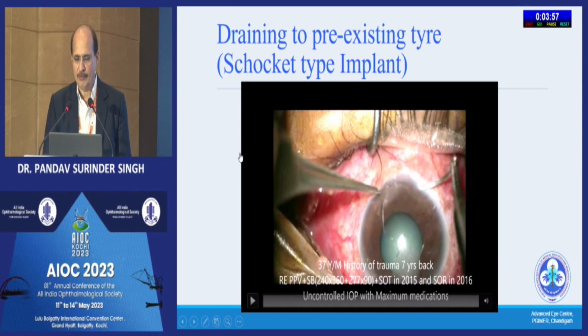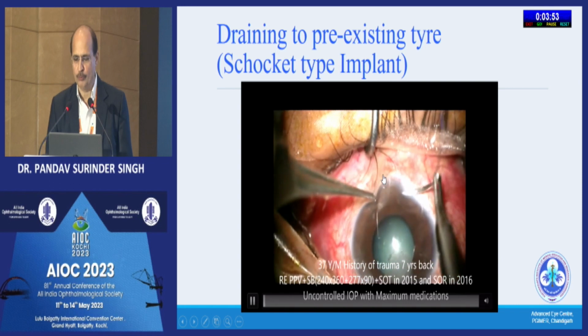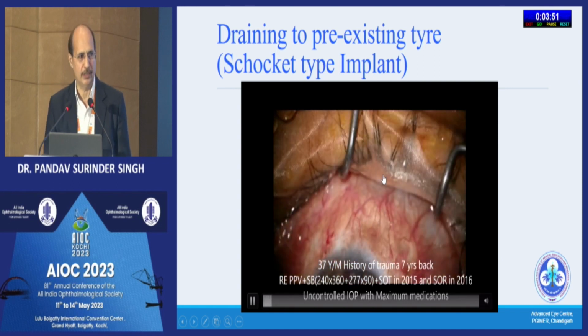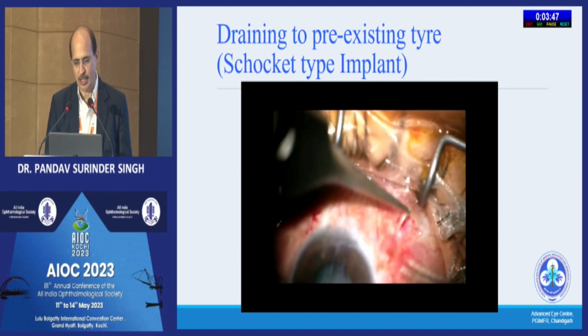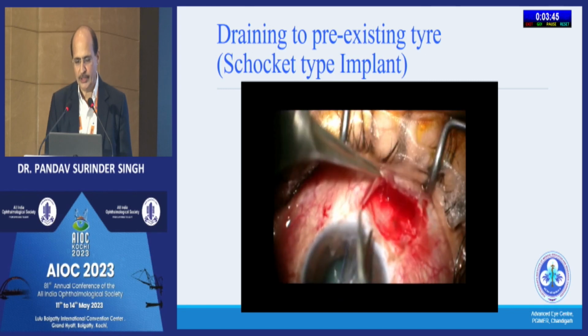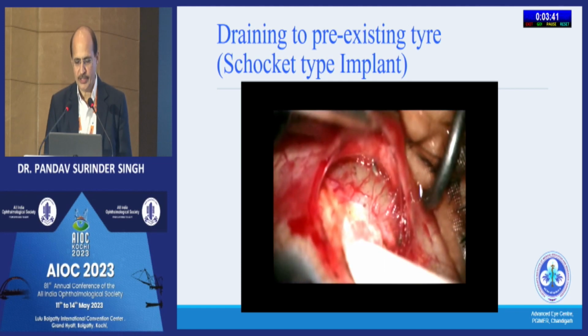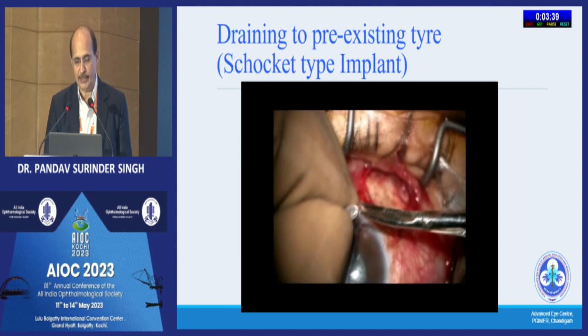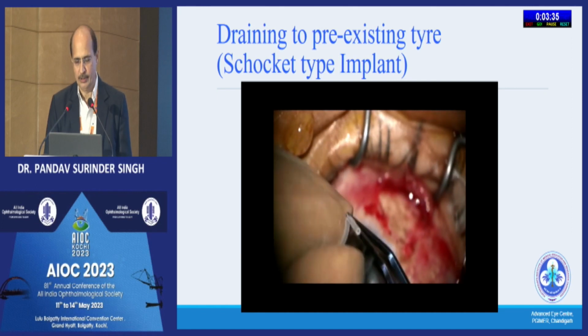Now, sometimes if you have a large buckle and you want to place a tube, it might be difficult to place another implant there, and also if the tissue is too scarred, because putting another big implant there is difficult. In that case, you can dissect gently and identify the capsule which forms around the buckle.